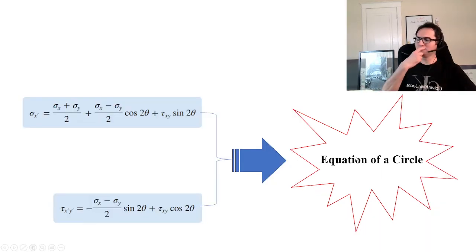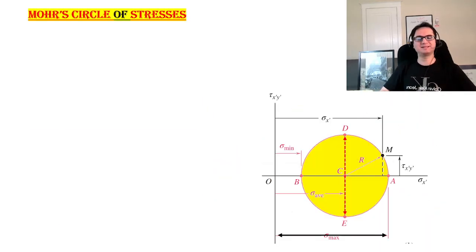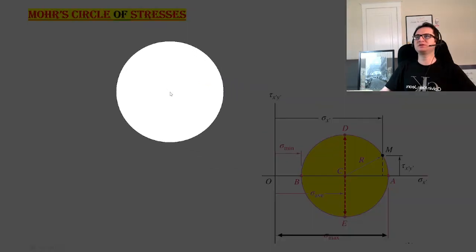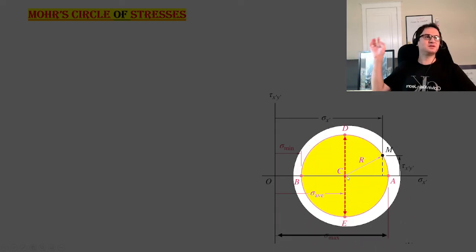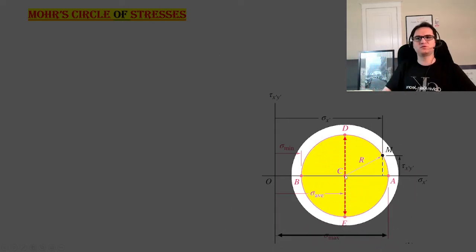The interesting part about that is that in the mid 19th century and early 20th century, a brilliant German engineer called Christian Otto Mohr discovered that if you develop a circle, which goes by his name, Mohr circle, as you can see here, it is completely compatible with the formula.